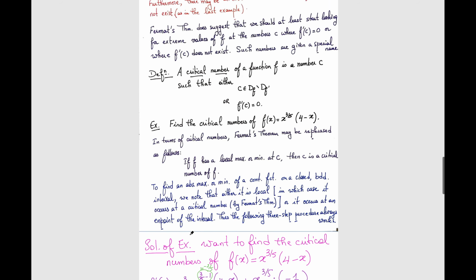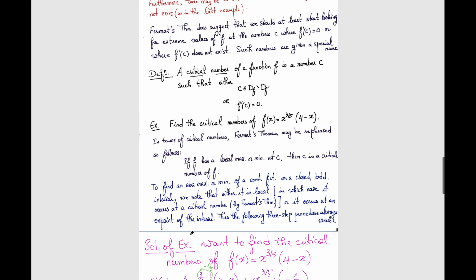If the function is continuous on a closed and bounded interval AB, then the function is guaranteed to have an absolute maximum and an absolute minimum somewhere in that set AB. Correct? So if the function is continuous on a closed and bounded set AB, then certainly the function is going to have extrema on that set, right?